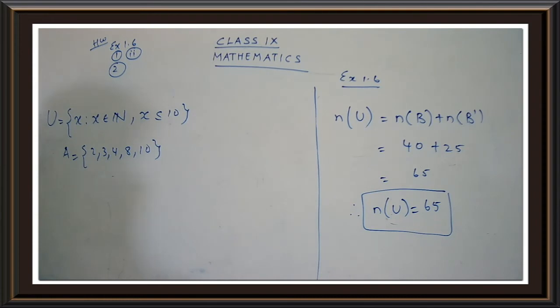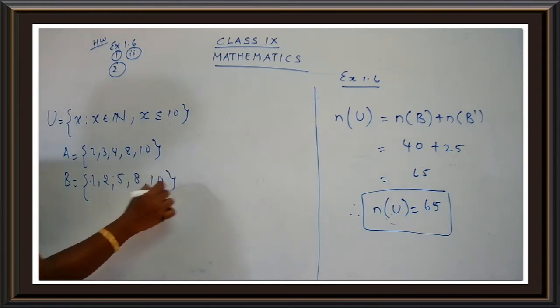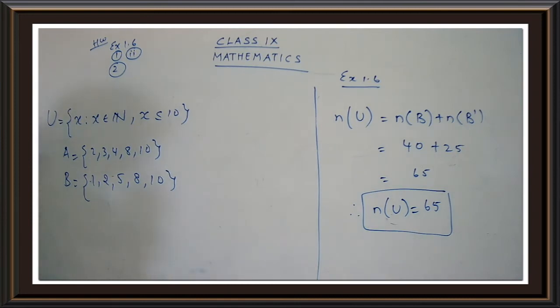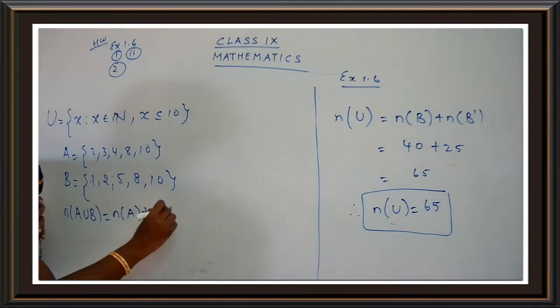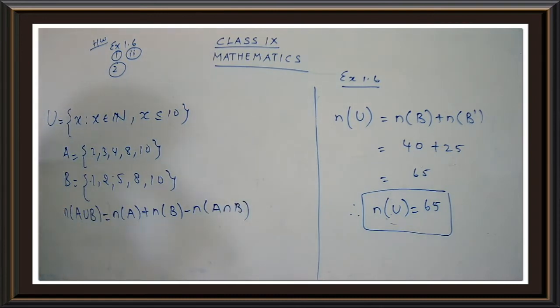And what is the set B? B is equal to 1, 2, 5, 8, 10. So this is for B, and also they have asked you to verify n of A union B is equal to n of A plus n of B minus n of A intersection B. This is what you have to verify.